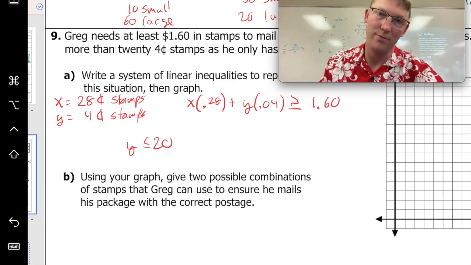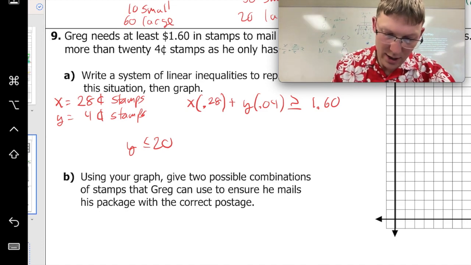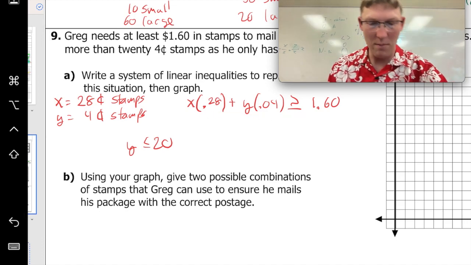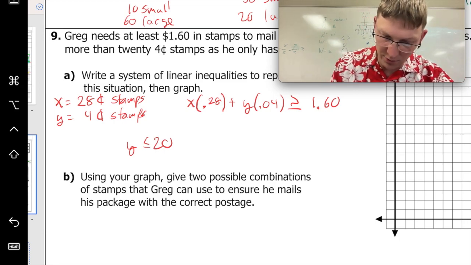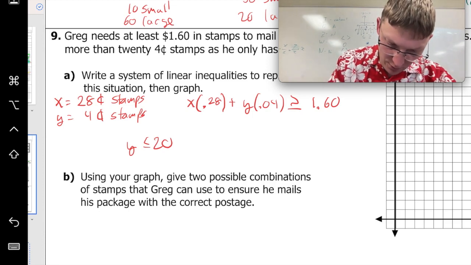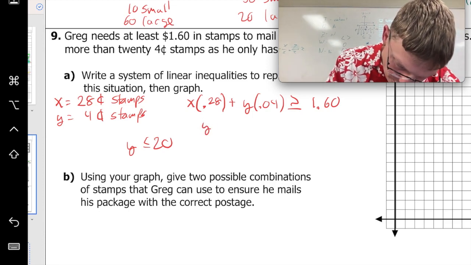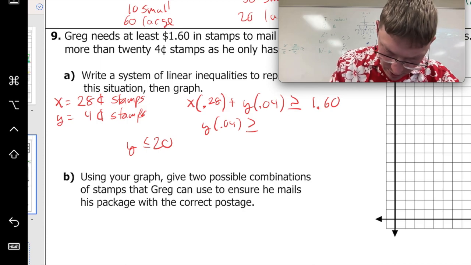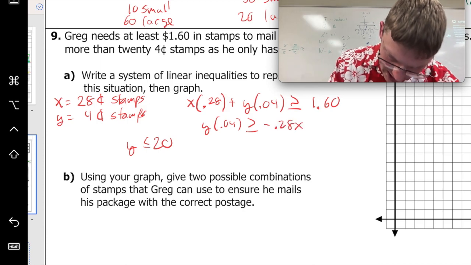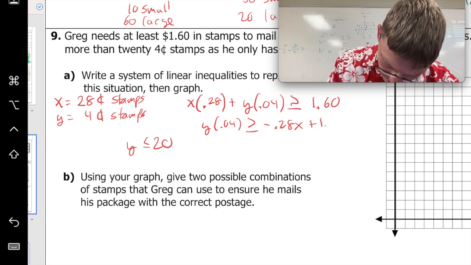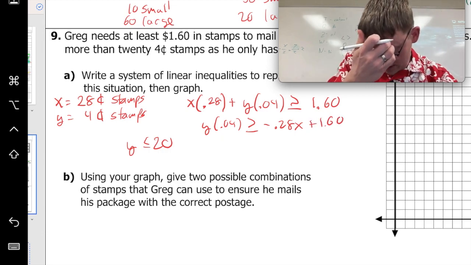Done. Too easy, right? Okay, so solving this equation, it might look scary, but they're just numbers, they're just decimal points, so just use your calculator, and it'll figure most of the stuff out for you. So we're going to move the x over. So we're going to have y times 0.04 is greater than or equal to negative 0.28x plus 1.60.